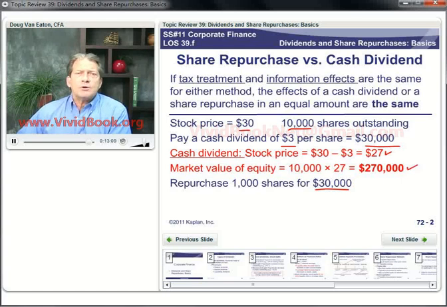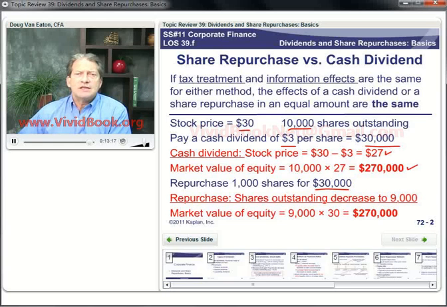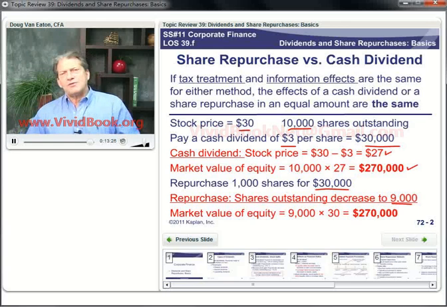If we repurchased 1,000 shares for $30,000, shares outstanding decreased to 9,000. And now the market value of our equity is $270,000. So the market value of the equity has decreased by the amount of cash that went out in either case.